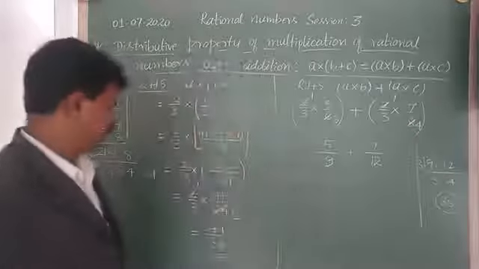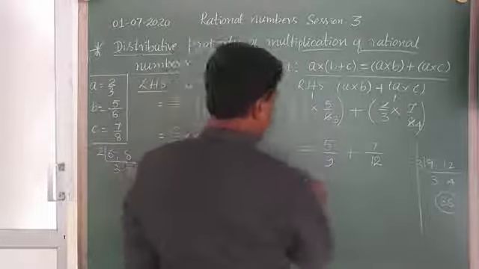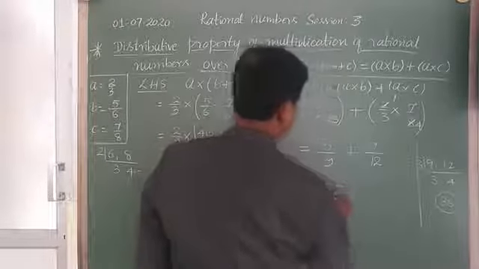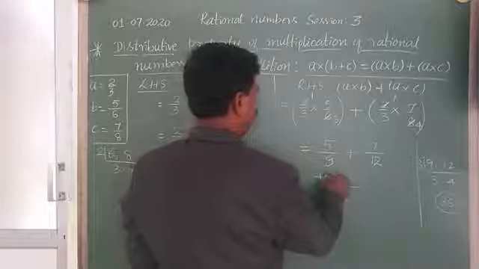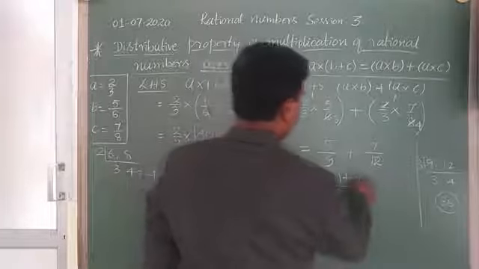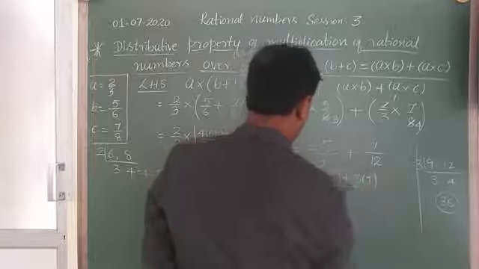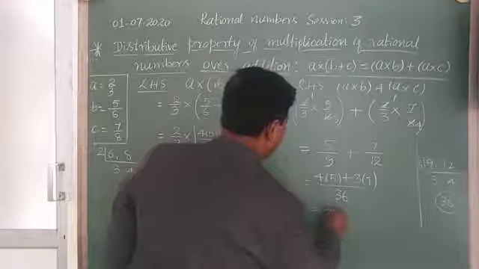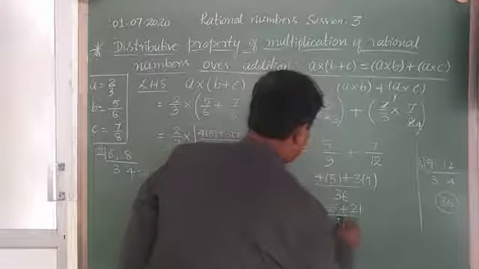LCM is 36. Okay, now take 36 as the LCM. 9 divides 36 4 times, 4 5s are 20, plus 12 divides 36 3 times, 3 times 7. Now this is (20 plus 21) by 36.